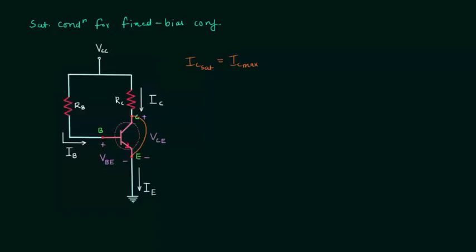Now we will calculate the value of IC sat by applying KVL in the output loop. We have VCC minus IC RC, with VCE equal to 0, and from this equation you can see IC sat is equal to VCC divided by resistance RC. So this is the condition for saturation in case of fixed bias configuration.